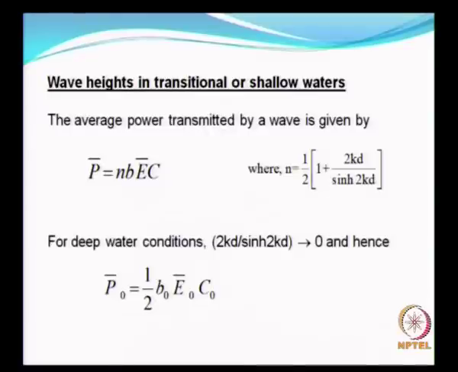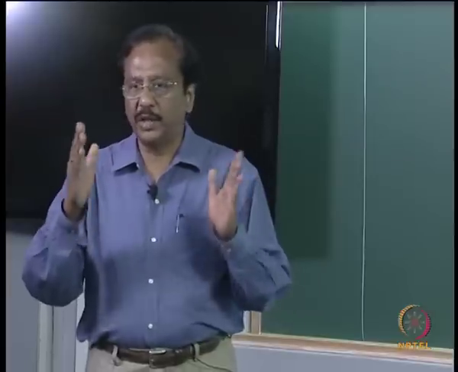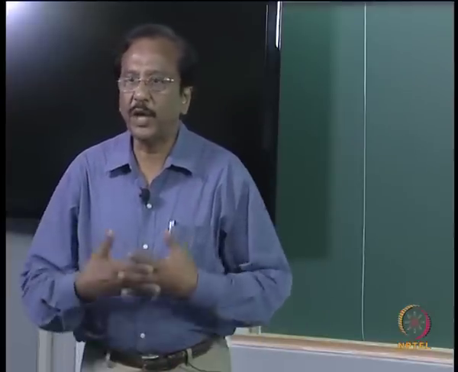Power is energy into group celerity. I am retaining that group celerity here, n into c, is still the same, group celerity into energy, but I have introduced b because I am considering an area in between only two orthogonals in order to obtain an expression.